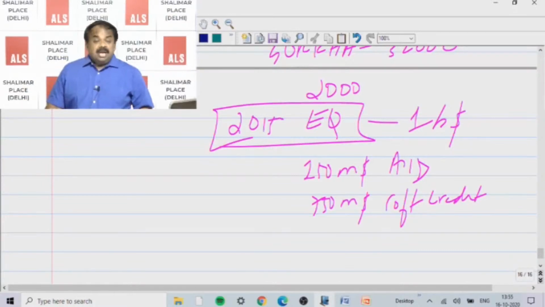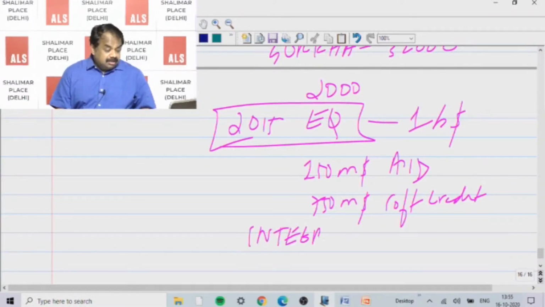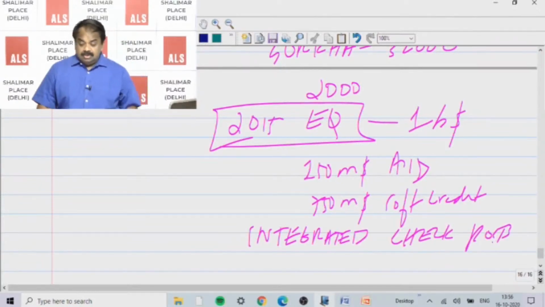And we are upgrading the border with 10 roads in the Terai region. We are upgrading that, and we are talking about a rail link. Integrated checkposts, we are opening new integrated checkposts, no doubt.